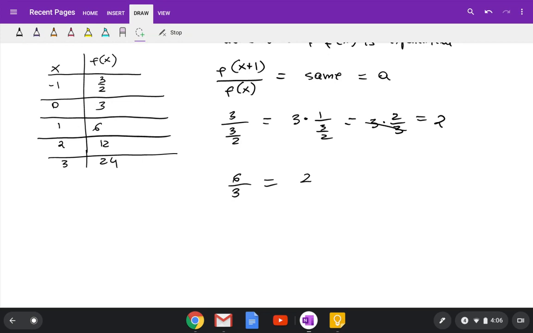Next, I'm checking the ratio between the next two consecutive outputs, which is 12 divided by 6. We're getting 2 again. And one more time, the ratio between the last two consecutive outputs, 24 divided by 12.